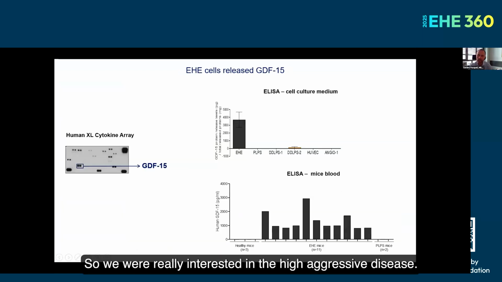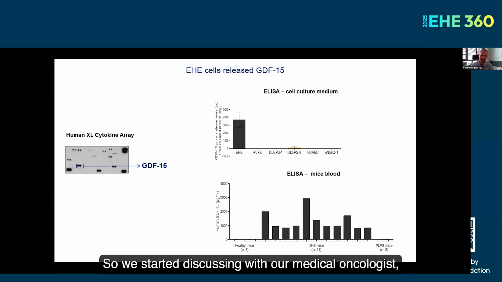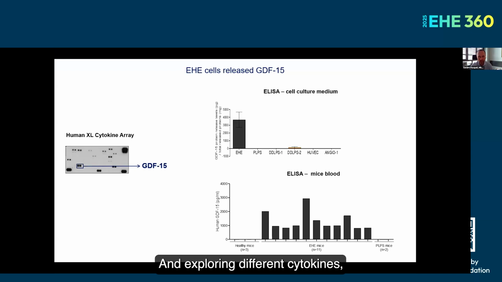We were really interested in the highly aggressive disease, so we started discussing with our medical oncologists, particularly Dr. Stacchiotti and her team, about factors that might influence the severe inflammation and the symptoms in the highly aggressive disease. Exploring different cytokines, we came up with GDF15.